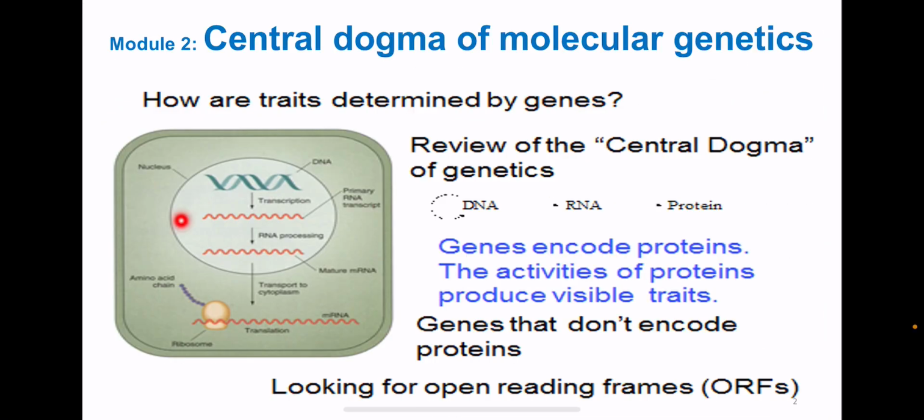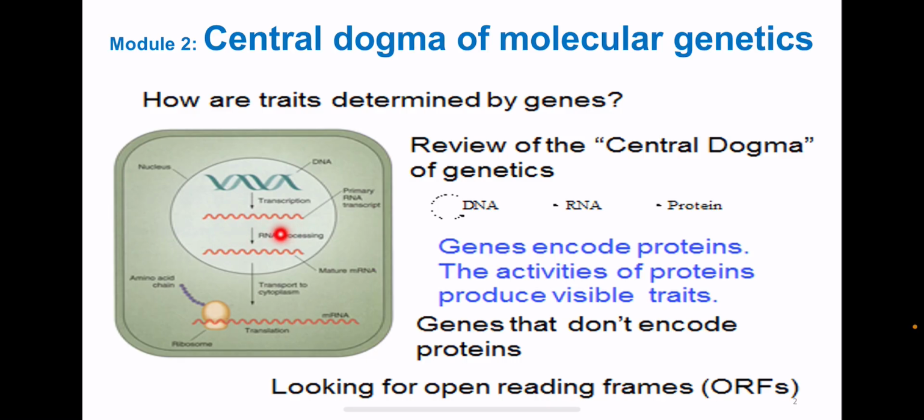So you can have a gene, and there will be a start codon and a stop codon. The segment between the start and stop codon is what we call the open reading frame. We can define it in our own terms as that segment being open to be read for coding.